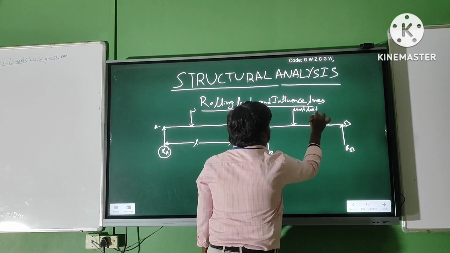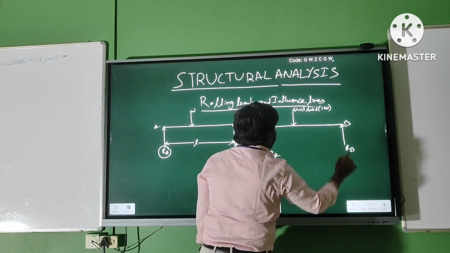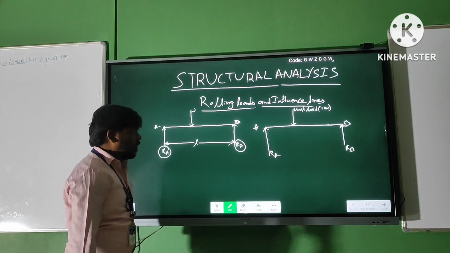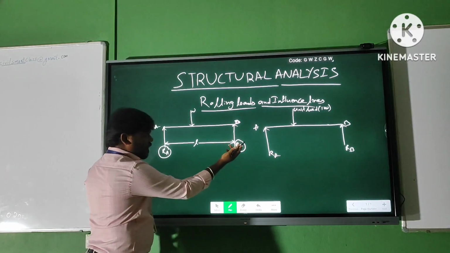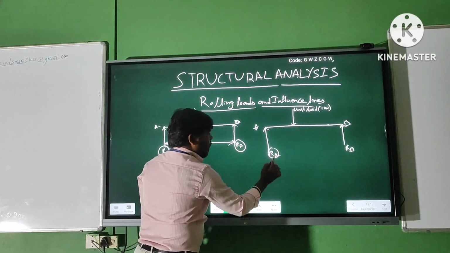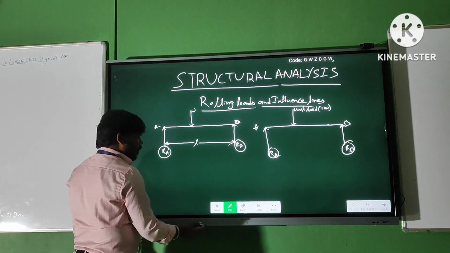What will be the intensity of the unit load? This will be 1 kilonewton, because it is a unit load. So we need to draw the influence lines for RA and RB. Likewise, we can also find the maximum bending moment.